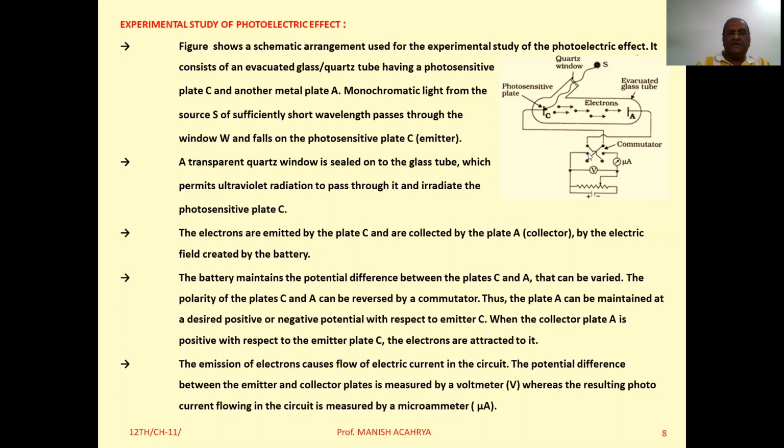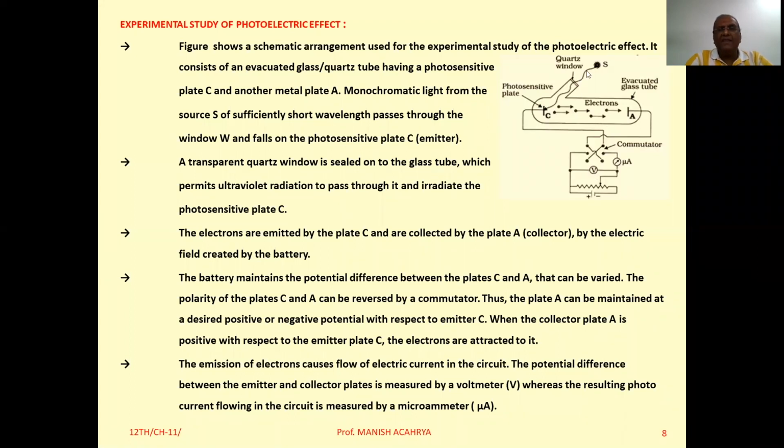And then after, by changing the potential across collector and emitter with the help of this rheostat, one can carry out the study related to the effect on current. And that potential difference can be measured with the help of this voltmeter.